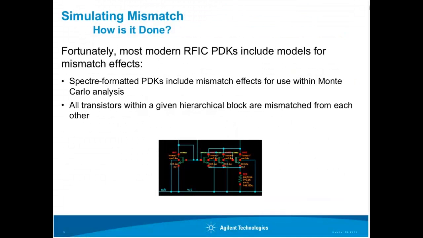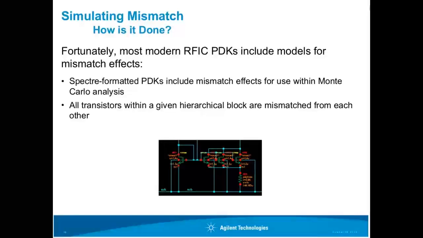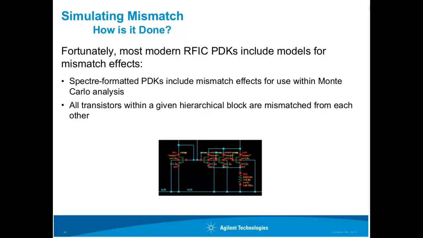So how is it done? As Paul has indicated earlier, the PDKs that you are getting from your foundry for designing your circuits already include mismatch effects in their Monte Carlo models. So that's good.